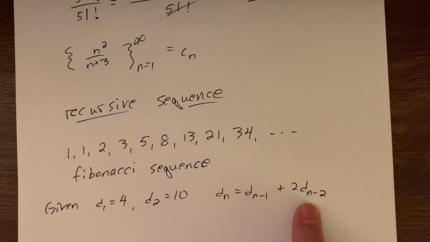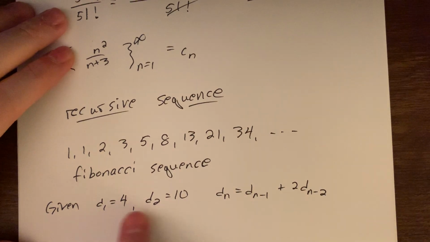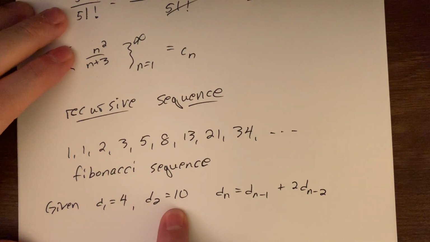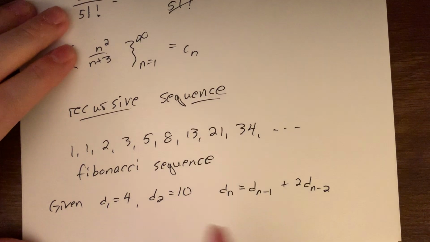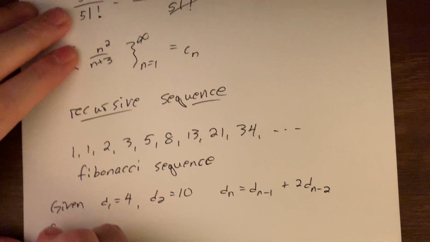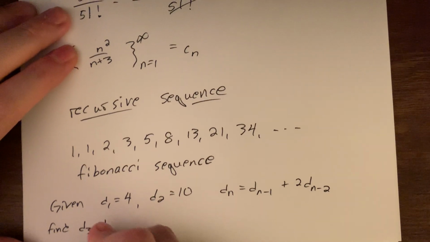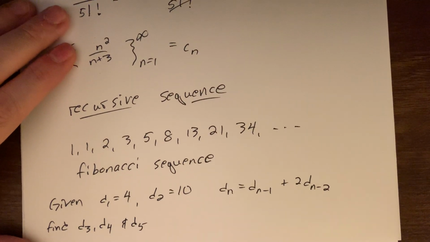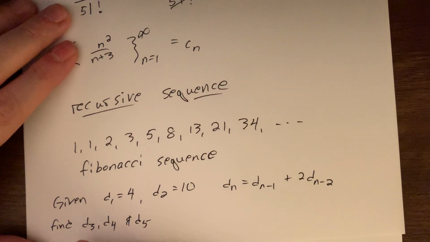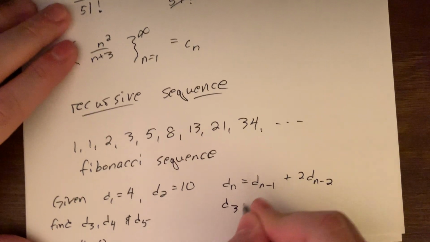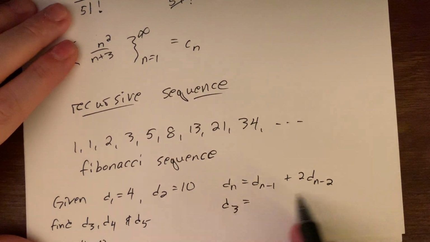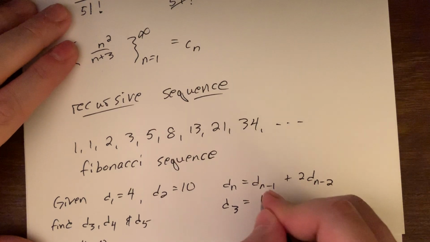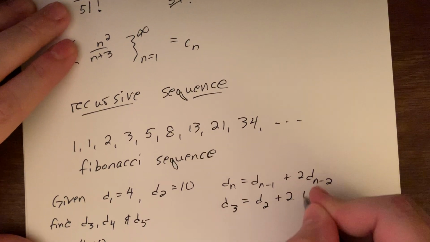So the way this formula would work, I already have the first two terms. If I want more terms, let's find D3, D4, and D5, so that in total we'll have the first 5 terms. I've got 4 is the first, 10 is the second. Now to get D sub 3, I'd plug the 3 in for n, but notice how this works.